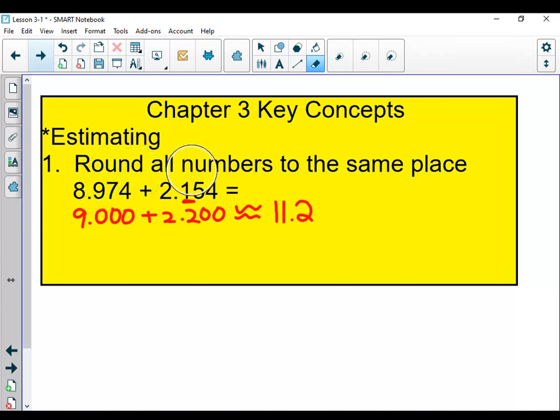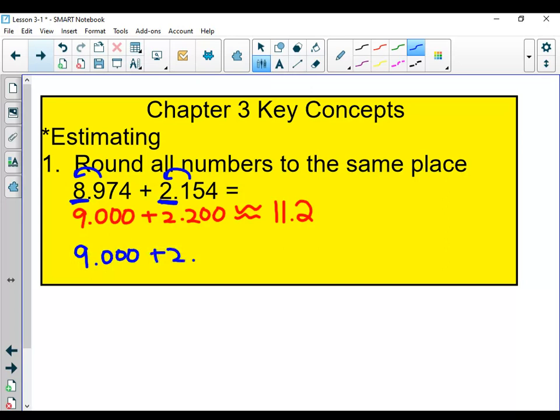Now, Johnny might be thinking, Sally, why did you pick the tens place? I want to pick the ones place. And then Sally says, Johnny, it's okay that you pick the ones place and I pick the tens place.